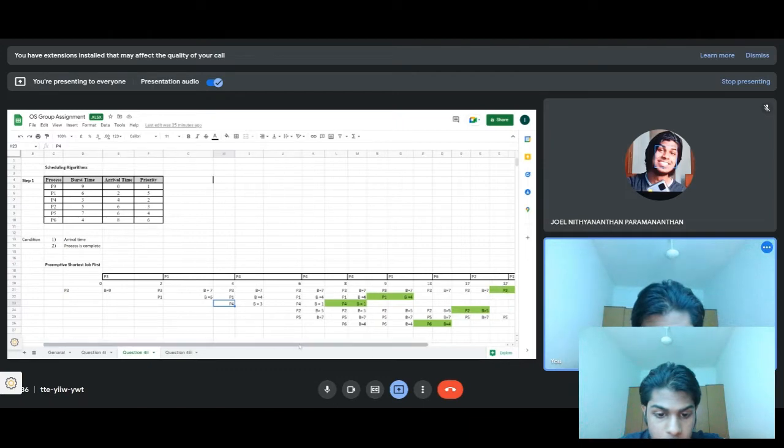Likewise, the burst times stated here: burst time 7, burst time 4, burst time 3. And we have subtracted the difference, which is 2. Sorry, 6 minus 2 will be 4. So we'll be choosing the lowest burst time, which will be 4 again.